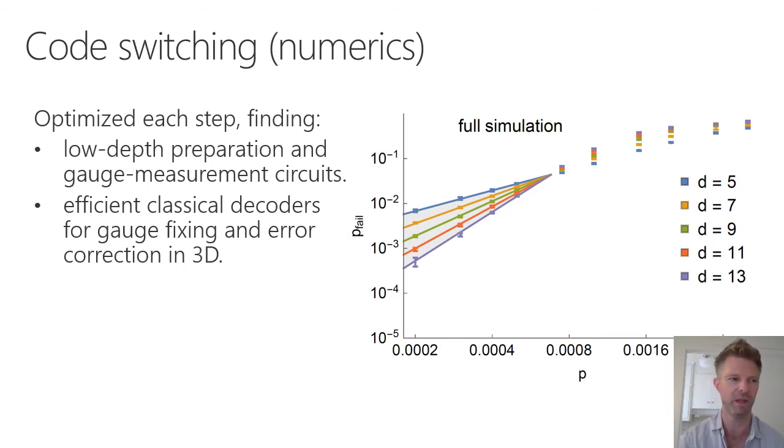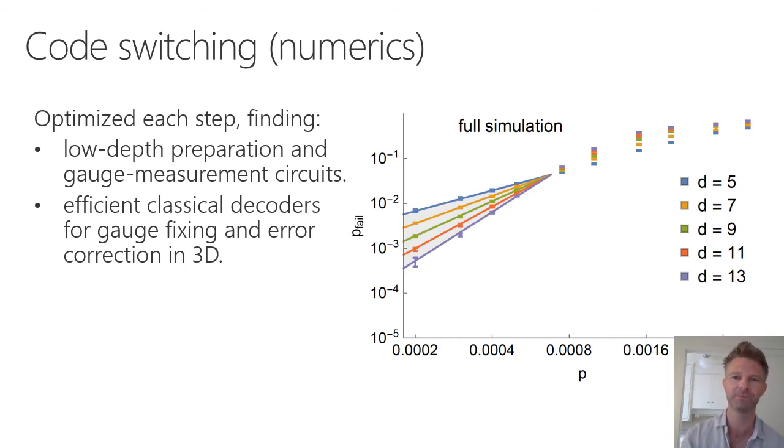For example, at the time that we were writing this, there was initially no known decoder for the 3D color code, and then there was, which was developed by Alex and Nicolas Delfosse, but it wasn't generalized for the specific case of the 3D color code with boundaries, so we had to generalize things a little bit. So you can imagine there were lots of pieces that had to be put together to build this simulation.